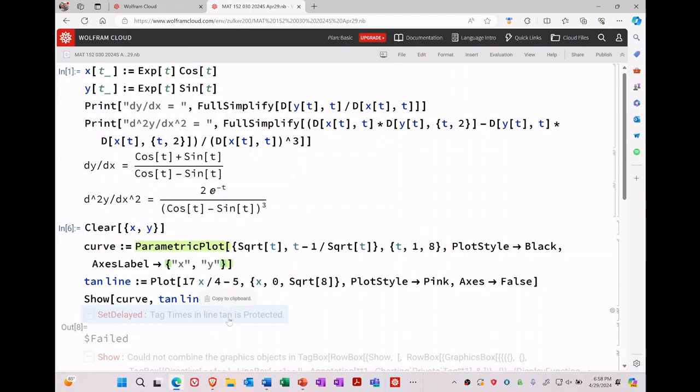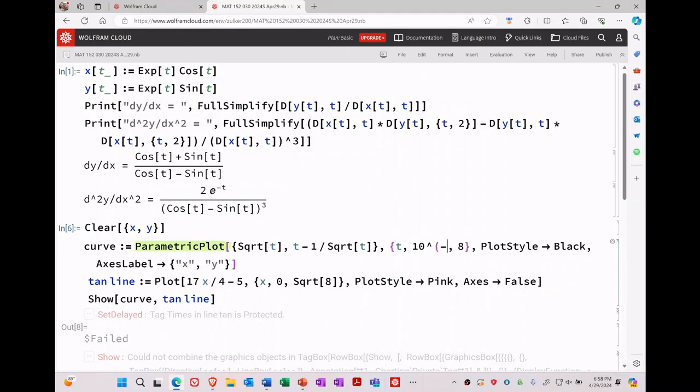Let's make that 1 to 8. No. I'm going to make it so ridiculously small.